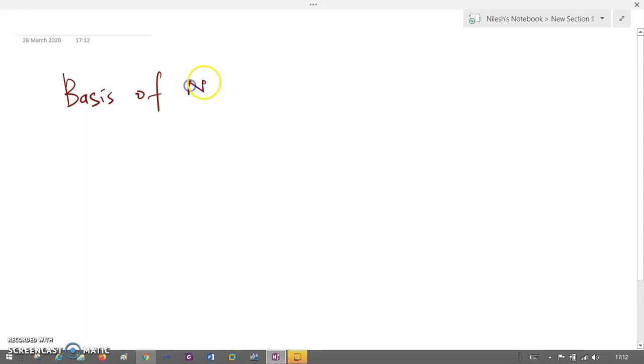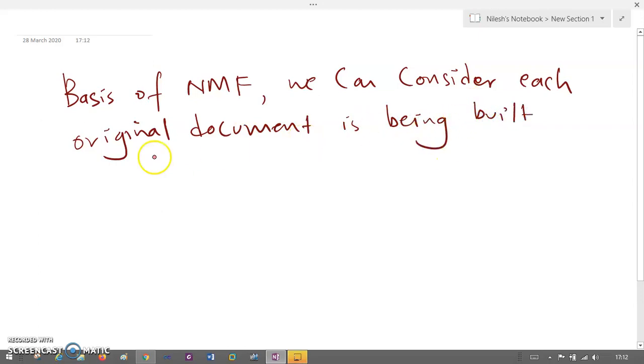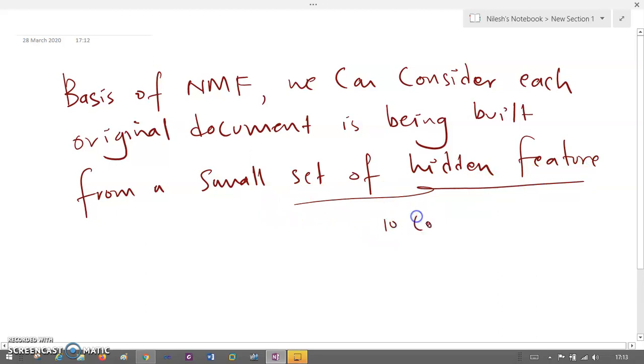So the basis of NMF: we can consider, from the perspective of this example, that each original document is being built from a small set of hidden features. This small set of hidden features is nothing but our 10 column vectors, and these are nothing but the 10 new independent variables that you are getting.